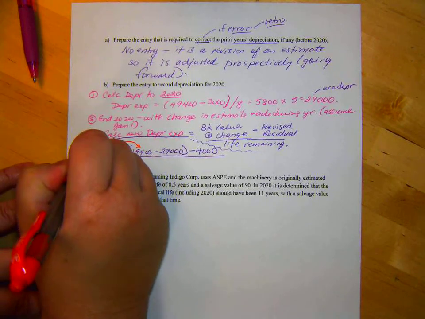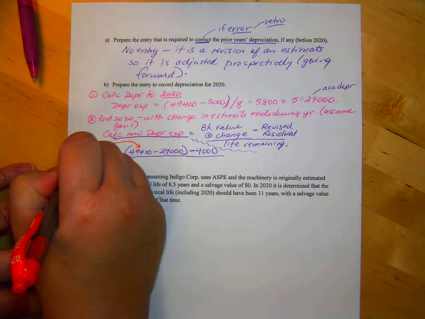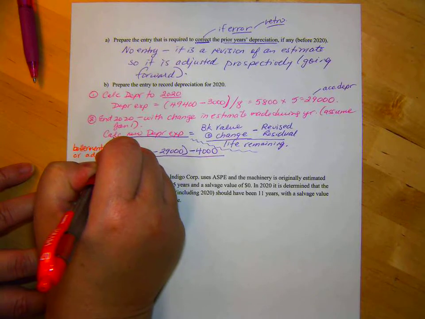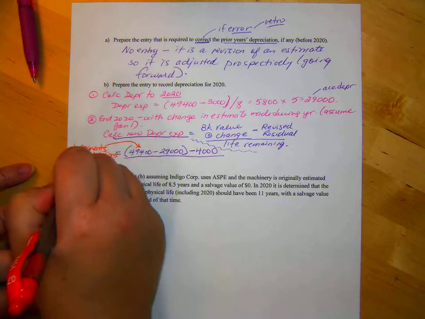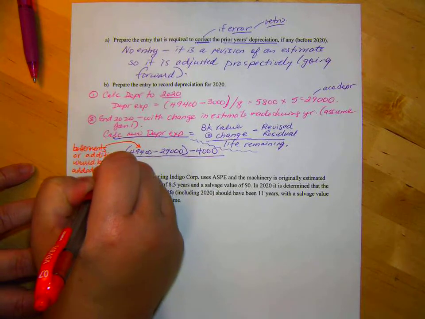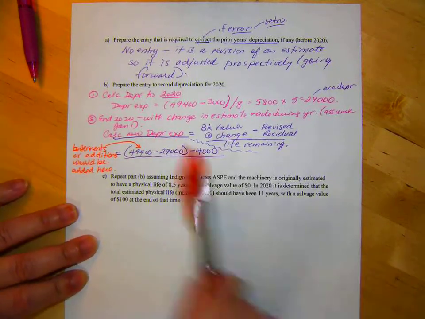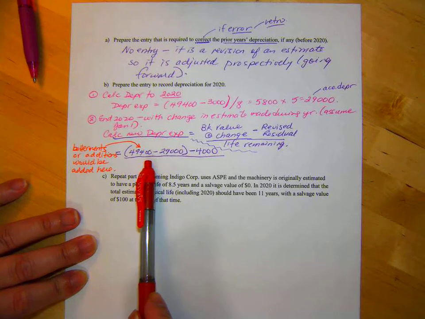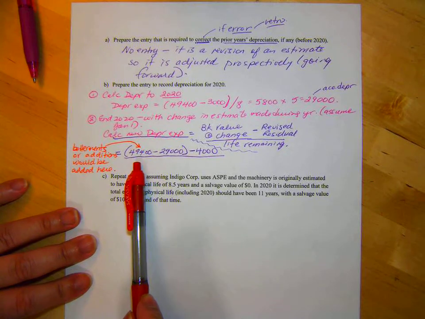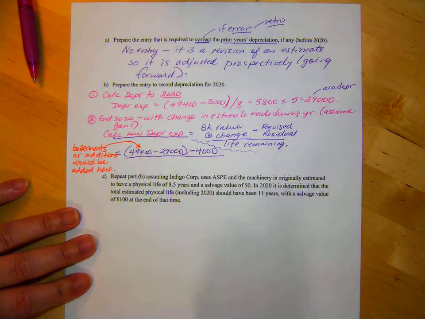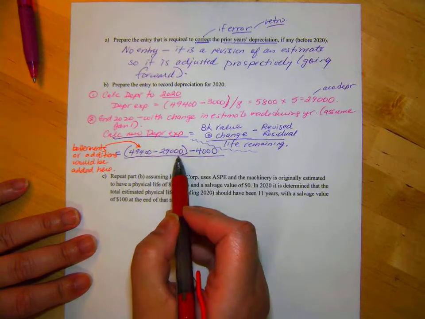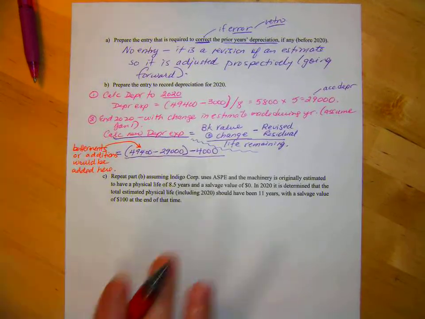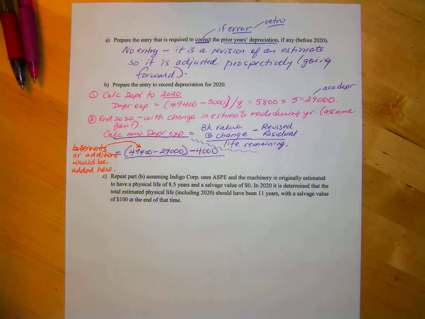Betterments or additions would be added here. You do the exact same steps. You calculate depreciation, then you go, oh, on January 1st, we added a new part for 1,000 or 10,000. So we'd add 49,400 plus 10,000 minus 29,000. Okay? So you did things like that in intro.